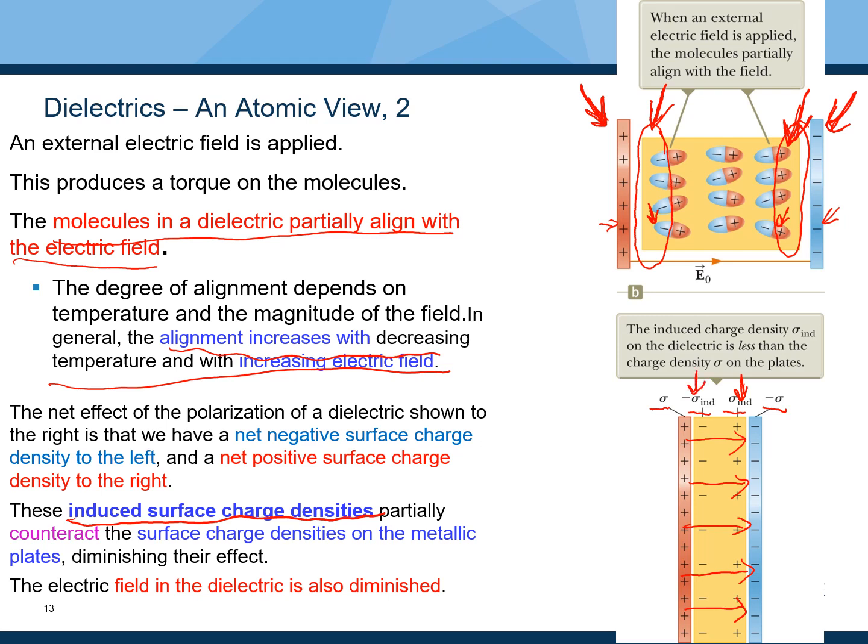Notice that the induced charges are never so strong as to exactly be equal and opposite to the original free charges on the conductors. However, the induced charges can actually be a certain fraction of the free charges that we have on the conductors, and as a result, the yellow dielectric produces a positive charge on the right boundary of the dielectric and a negative charge on the left boundary of the dielectric.